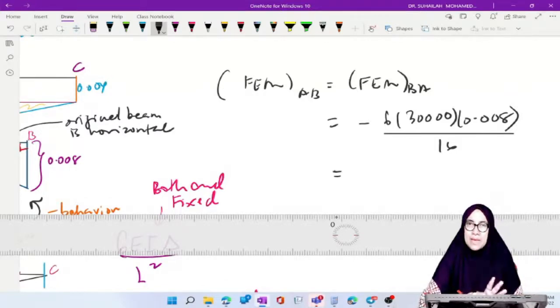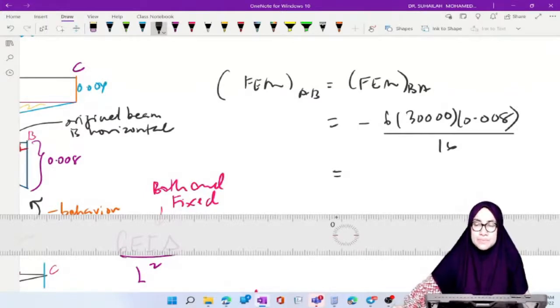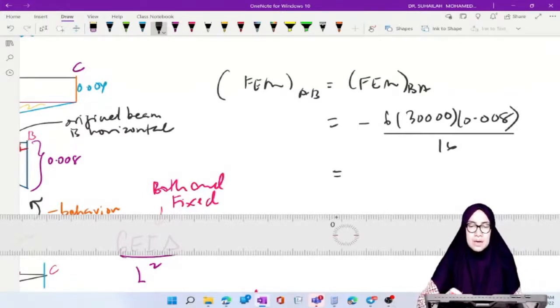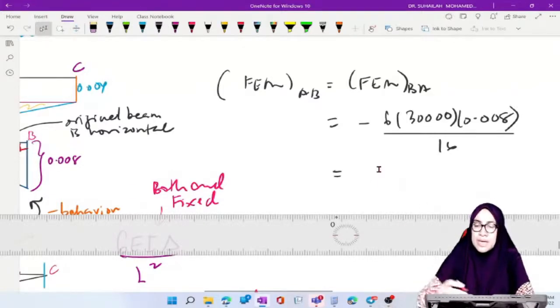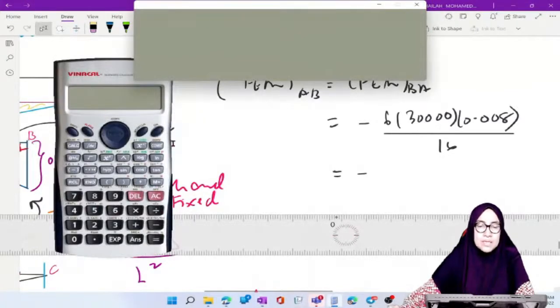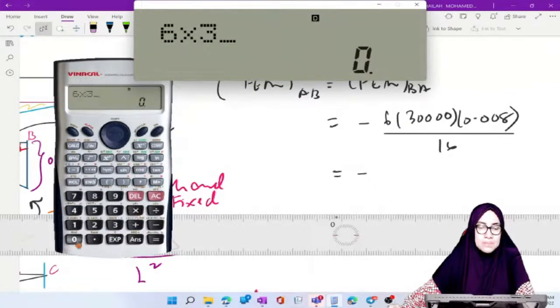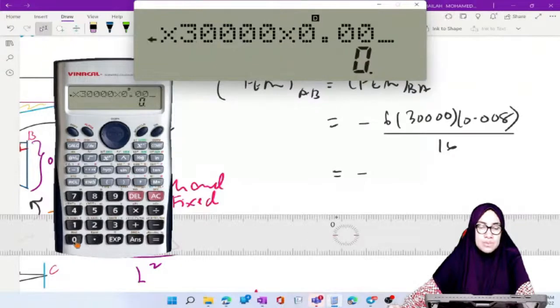Now we get FEM for AB and BA, and the sign is also equal. It is 6 EI delta over L squared, so we get a negative value. What is the answer? We get 6 times 30,000 times 0.008 divided by 16.